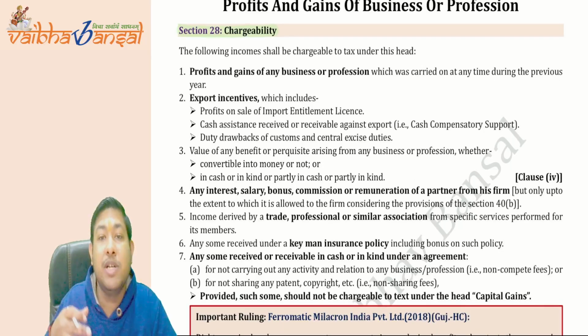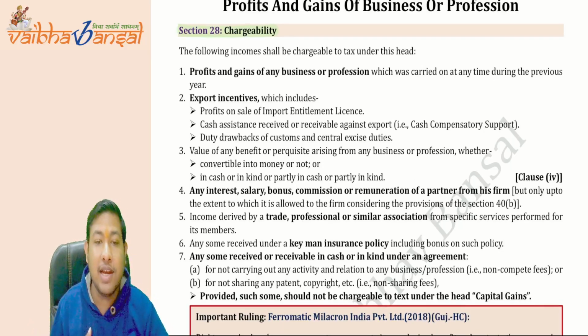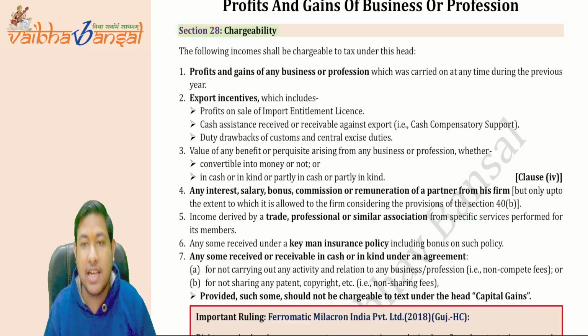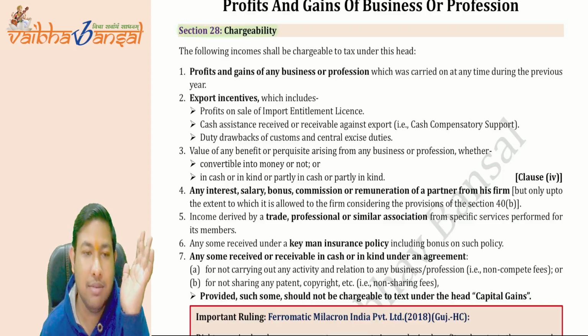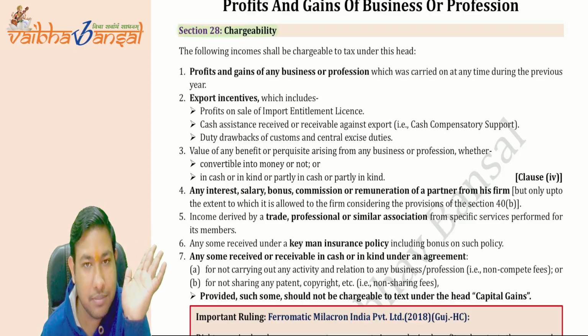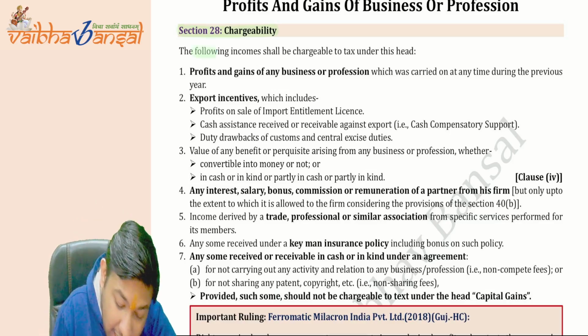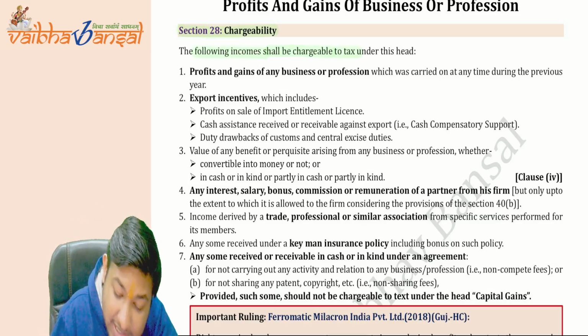What incomes will be chargeable under this head? If the assessee is earning these incomes, then it will definitely be taxed under the head PGBP. Now, the following income shall be chargeable to tax under this head.